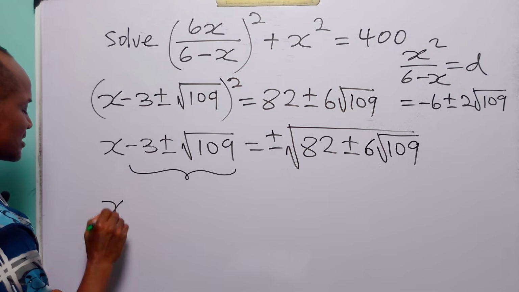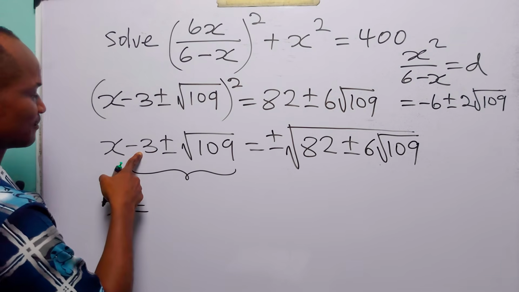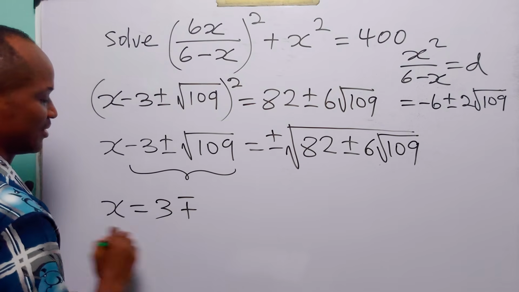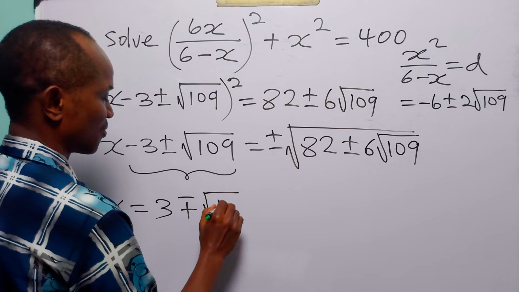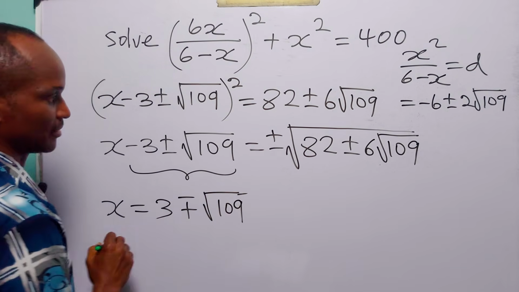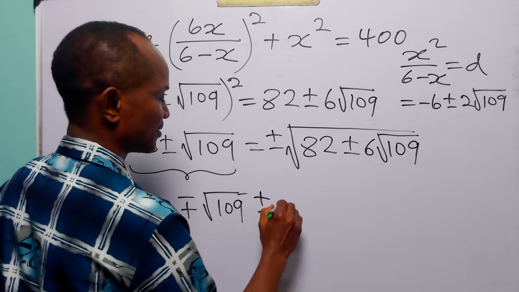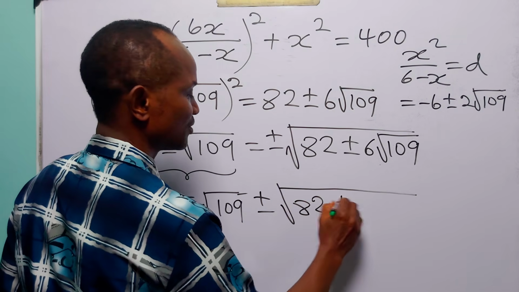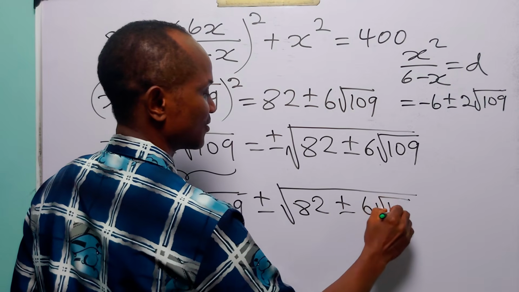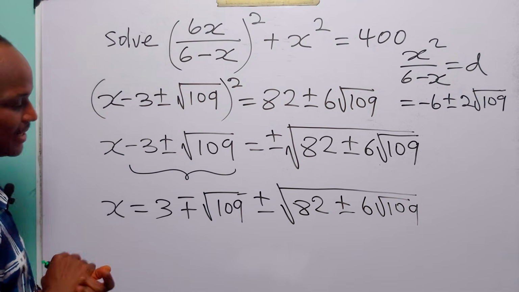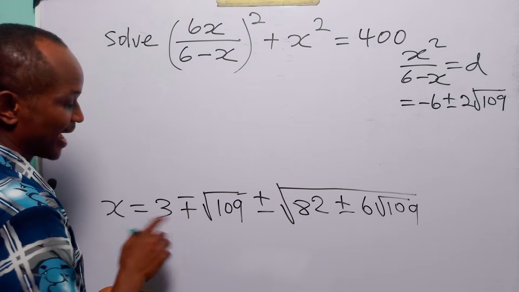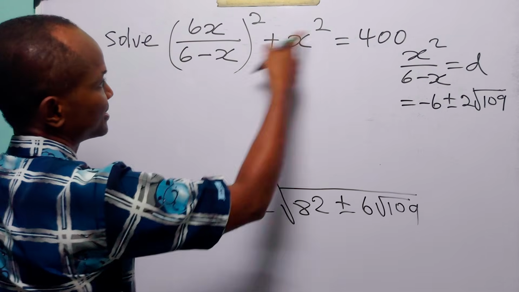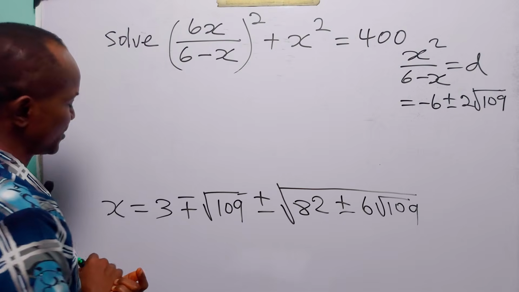When we do that, we have that x is equal to 3 minus or plus root 109 plus or minus root 82 plus or minus 6 root 109. And from here, we have all the four values of x, real values, that satisfy this algebraic equation.